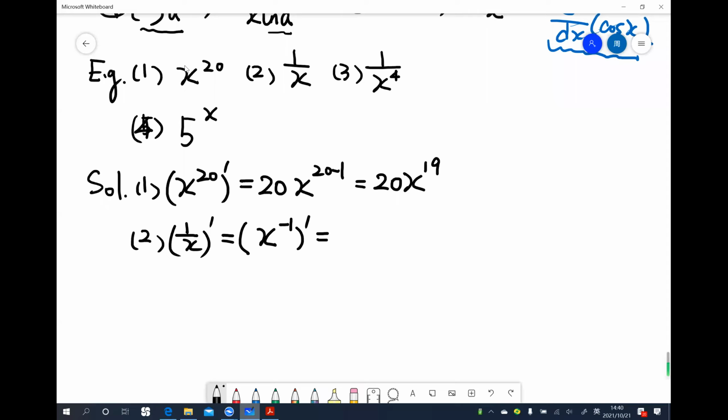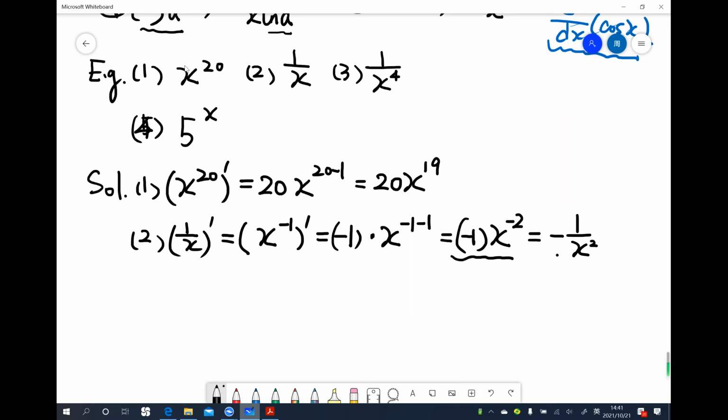So that equals minus 1 times x power minus 1 minus 1, which equals minus 1 times x power minus 2. We often write it as minus 1 by x squared. We often don't write the 1 here, we just write the minus. Please pay attention to this point.